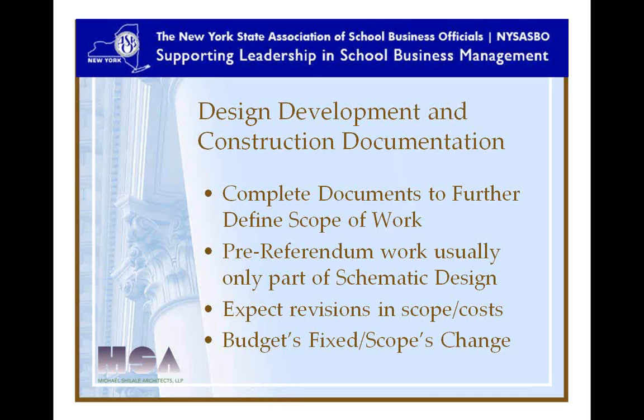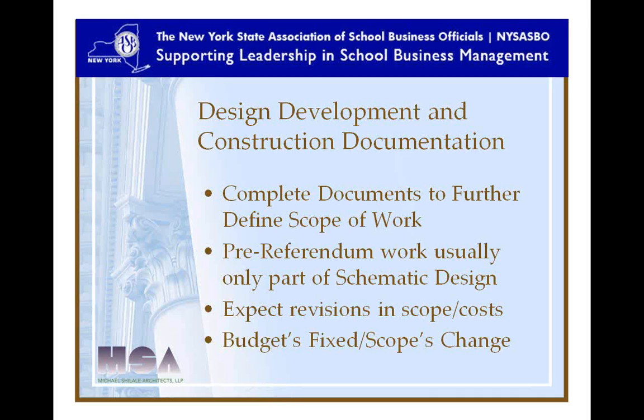But that's critical. And once you get your vote approved, the design, development, and construction documentation phase, as I said earlier, is a critical piece. It's where we complete the documentation to really further define the scope of work, and that's critical to a successful project.